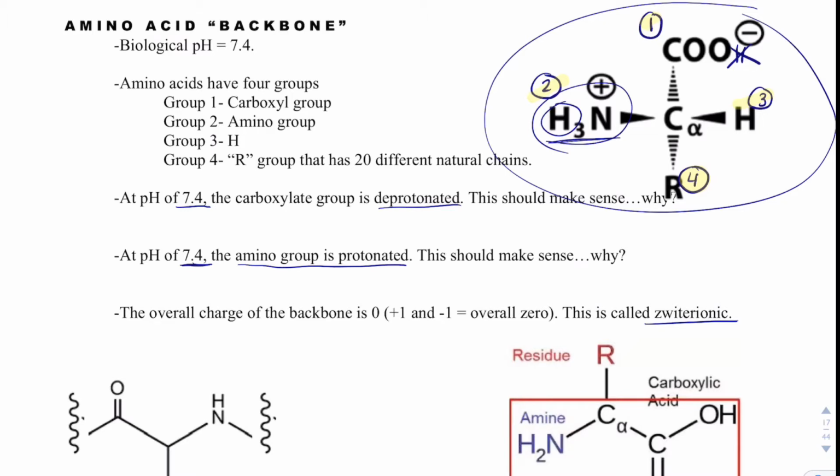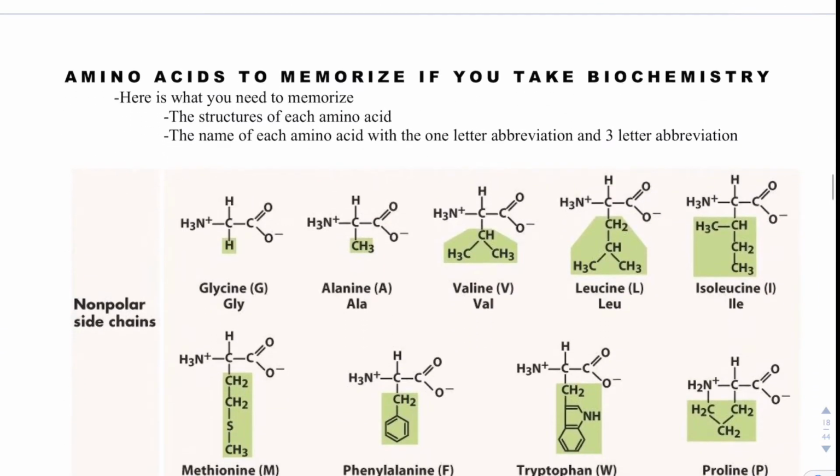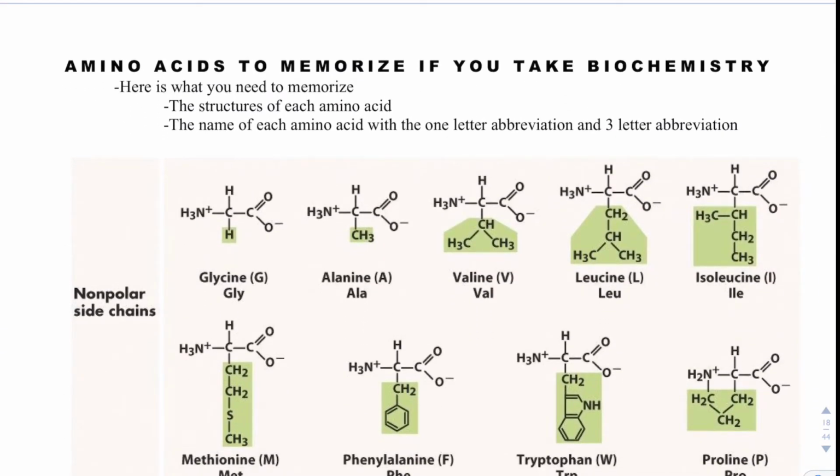This is going to be called our central carbon, which is going to be called our alpha carbon. This carbon, I don't have it here, but this carbon in the carboxyl group would be called a beta carbon. So you'll have to memorize these if you take biochemistry, and believe it or not, they're not very difficult.